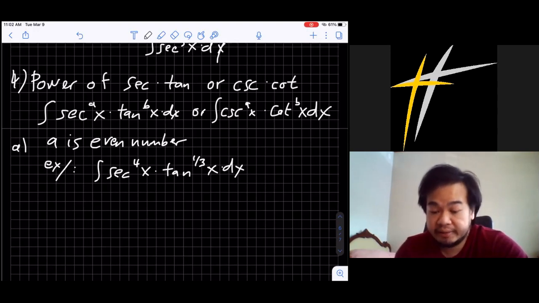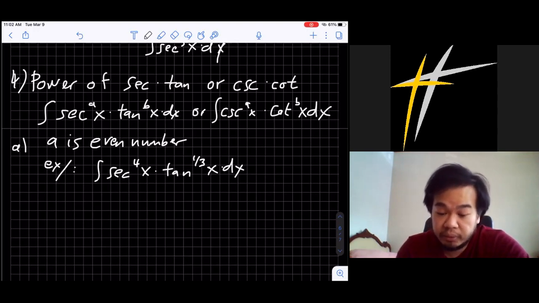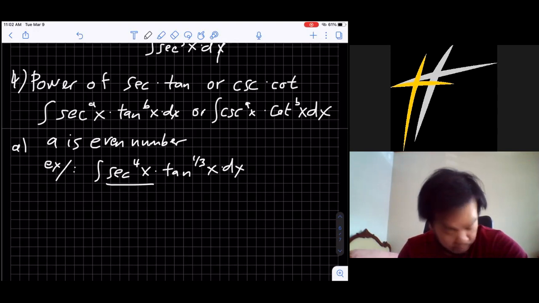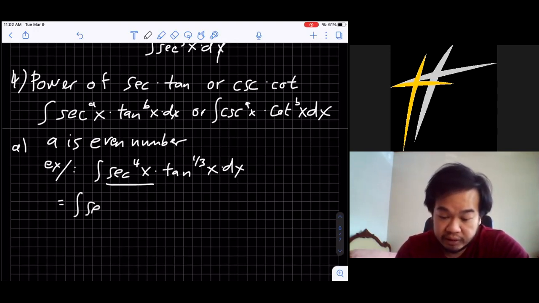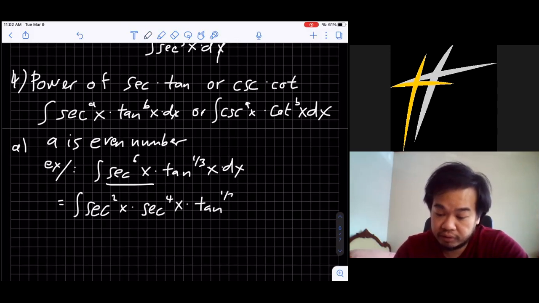So if the secant power is an even number, we will separate the secant square. To make it clear, let's make it 6 instead. So secant square x and secant power 4x times tangent power 1/3x dx.